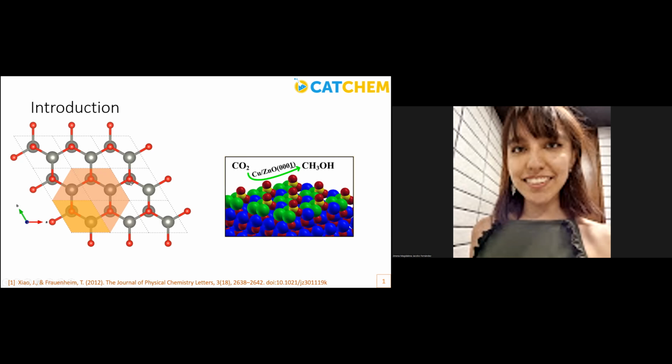It has been found theoretically that the surface with 2x2 periodicity of zinc oxide with an oxygen vacancy is more stable than the surface found experimentally with a periodicity of 1/3.